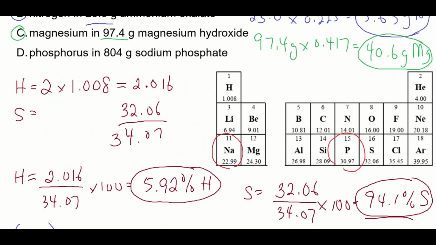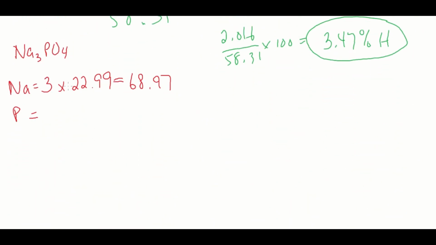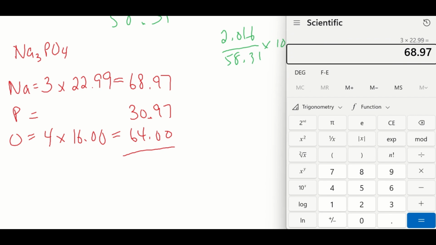Phosphorus has a mass of 30.97, when there's only 1 of them, and oxygen, there's 4 of them. Times 16 is 64. So the mass of the compound is 163.94.